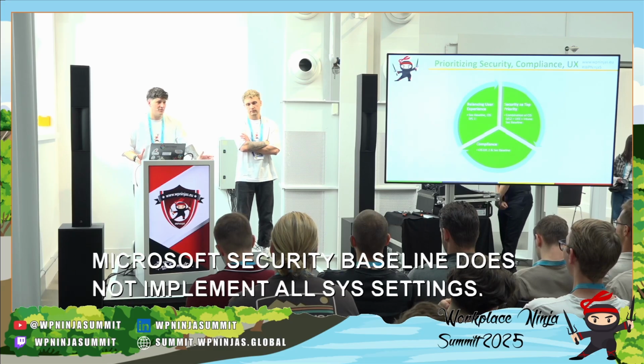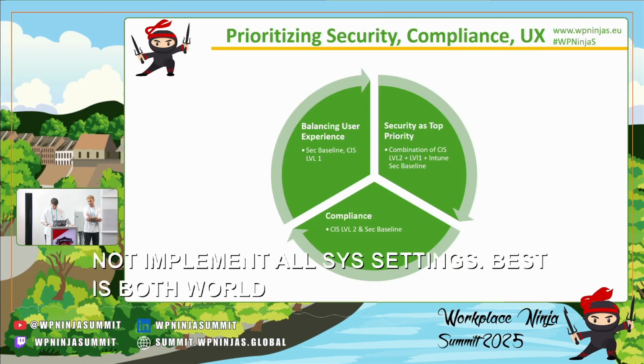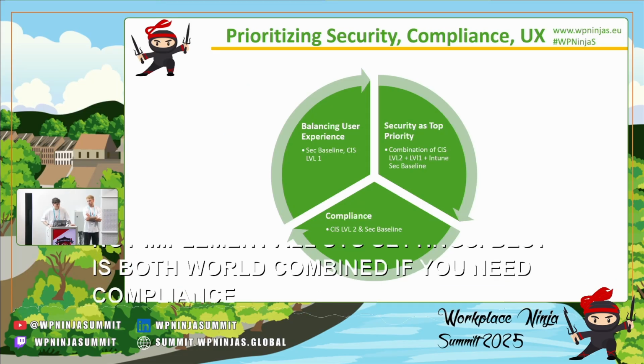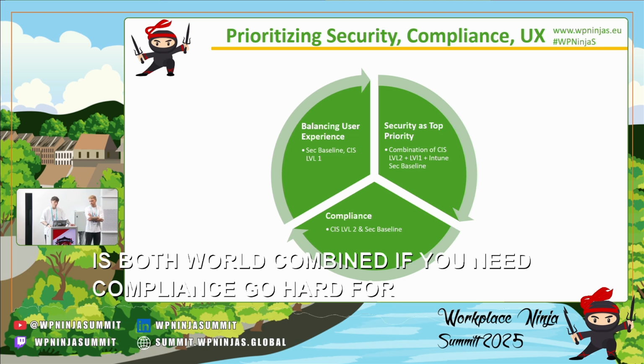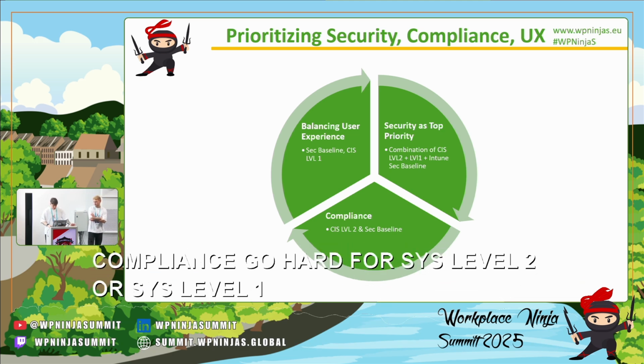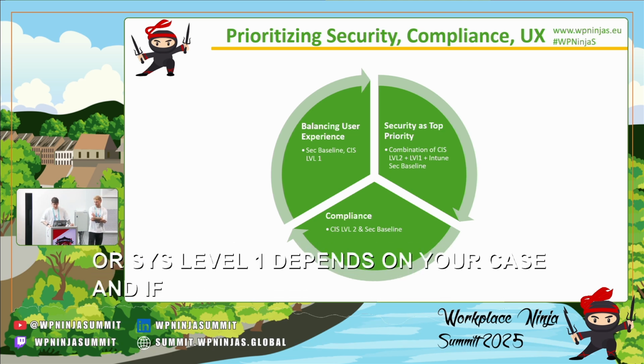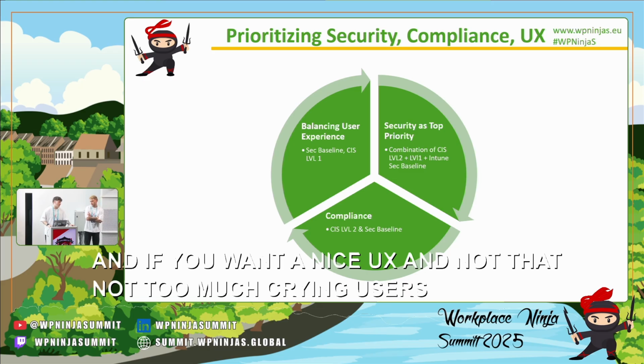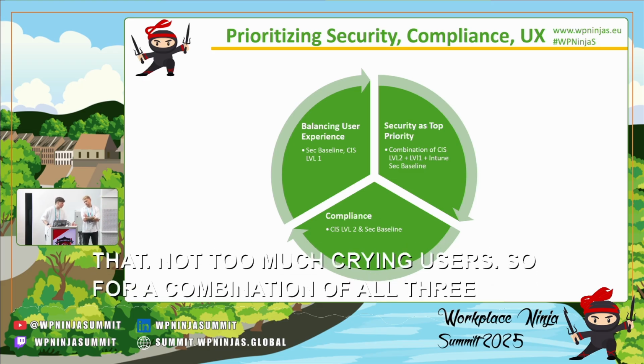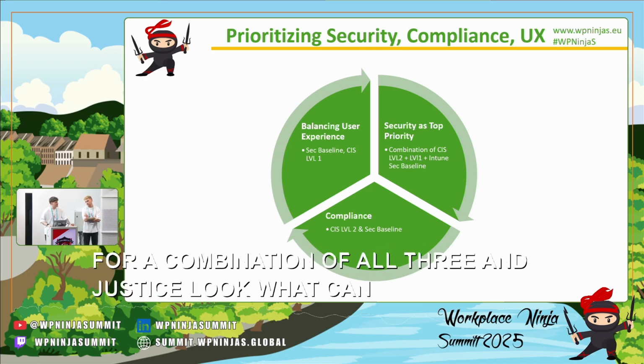Best is both worlds combined. If you need compliance, go hard for CIS level 2 or CIS level 1, depending on your case. And if you want a nice UX and not too many crying users, go for a combination of all three and just look at what could possibly break the UX.